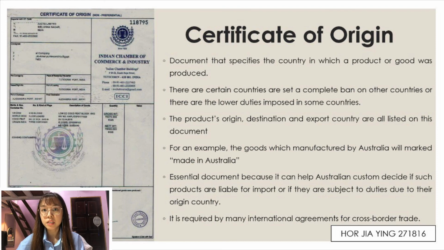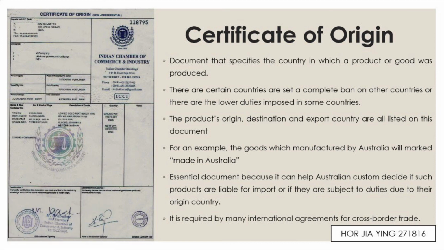For example, goods manufactured in Australia will be marked made in Australia. So this document is very important because it can help Australian customs decide if such products are liable for import or if they are subject to duty due to their country of origin. It is required by many international agreements for cross-border trade.